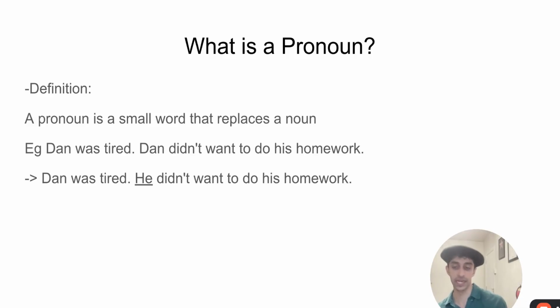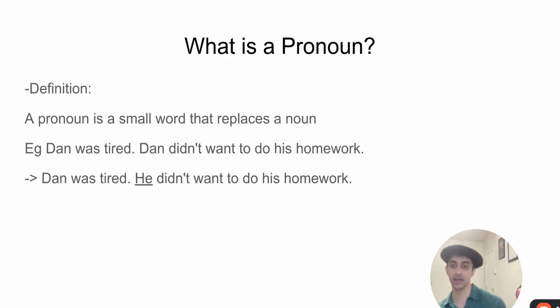So, for example, in English, we could say Dan was tired, Dan didn't want to do his homework, but the vast majority of people would not say that because it's very repetitive. Instead, what they would say is Dan was tired, he didn't want to do his homework. And it functions exactly the same in French.